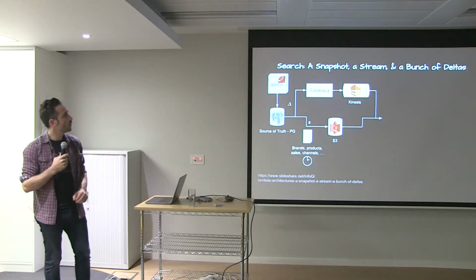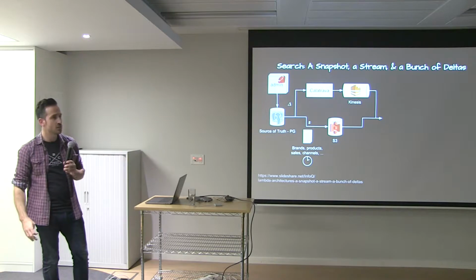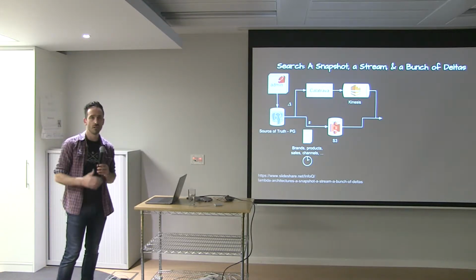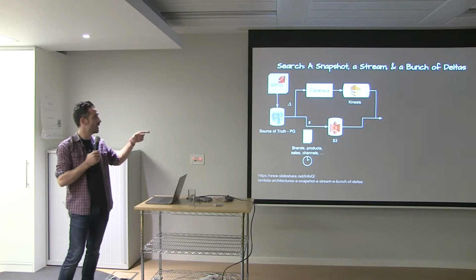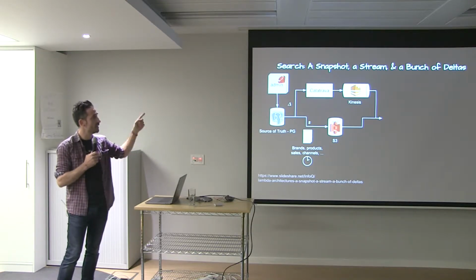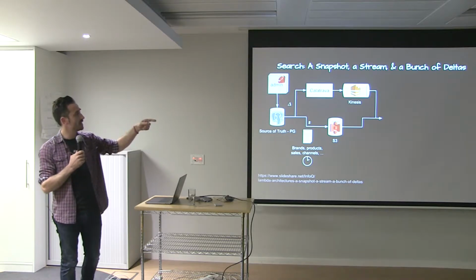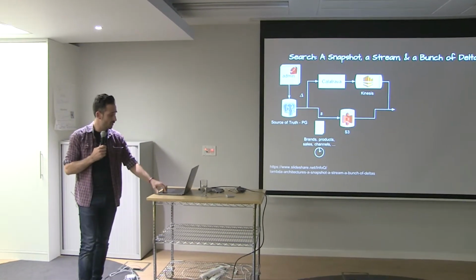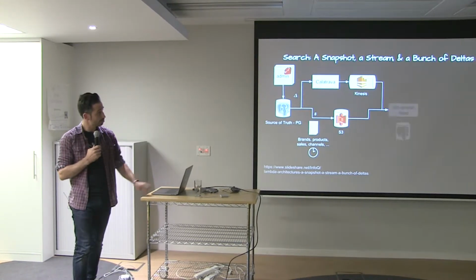In parallel, we built Calatrava. Calatrava was a simplified version of CDC, change data capture. Every change in the database was propagated into a number of streams built using Kinesis.